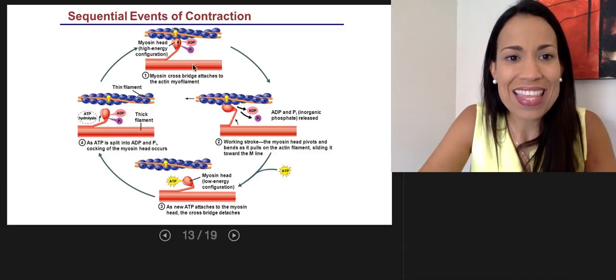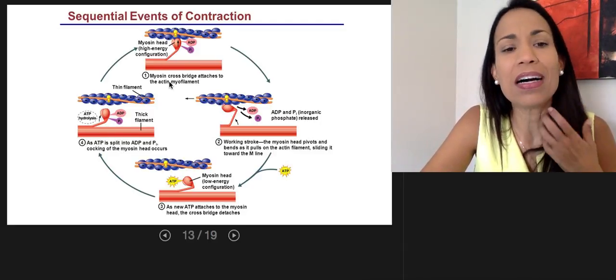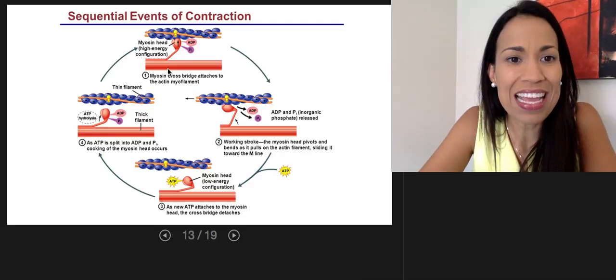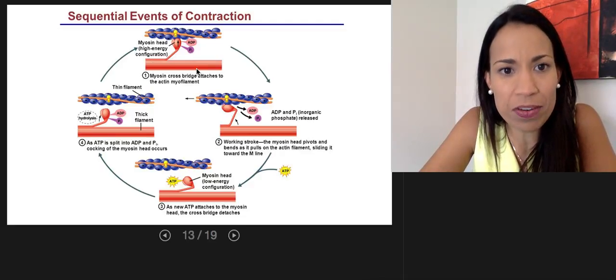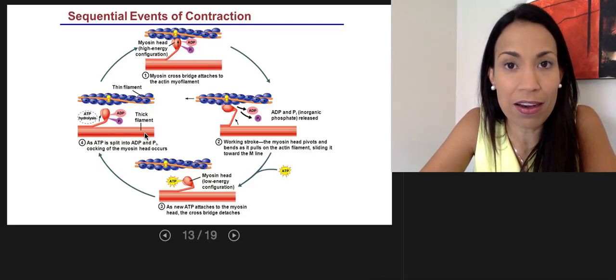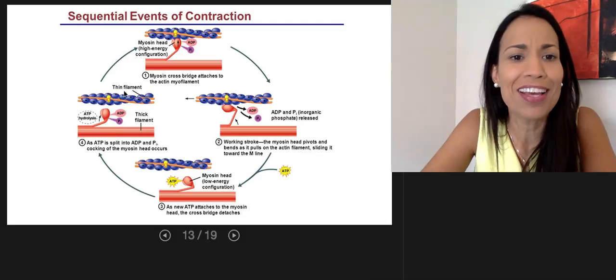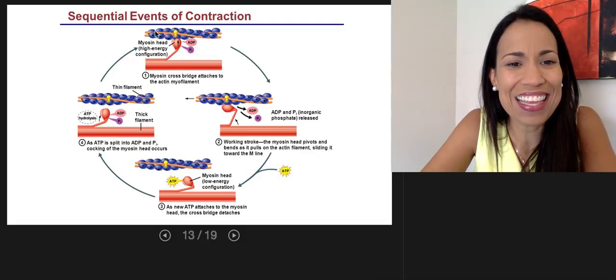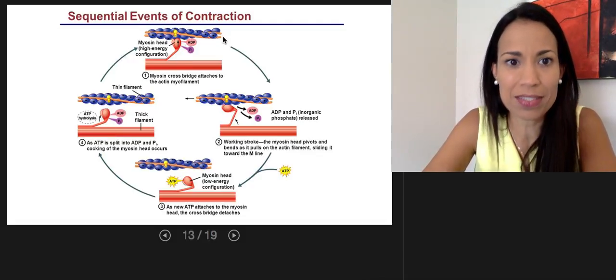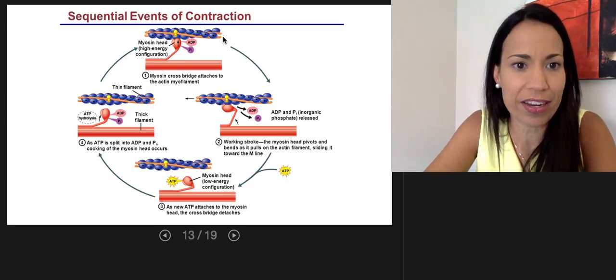This is a very cool illustration that shows you in red the myosin filaments, and in blue the actin filaments. They're kind of twisted in there.